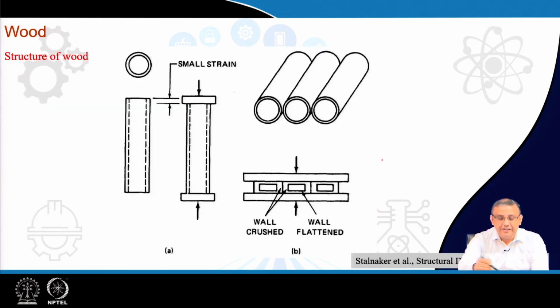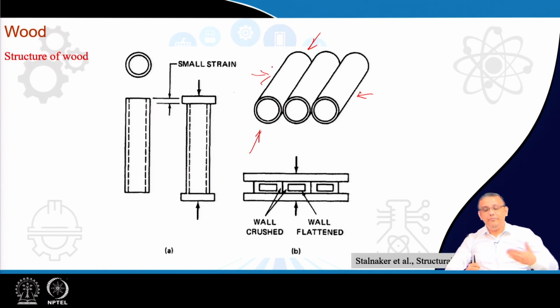If we compress along this direction, wood will show excellent mechanical properties, but if the compression is along this direction, then wood possesses very poor mechanical properties. Also, this is about the compressive strength.